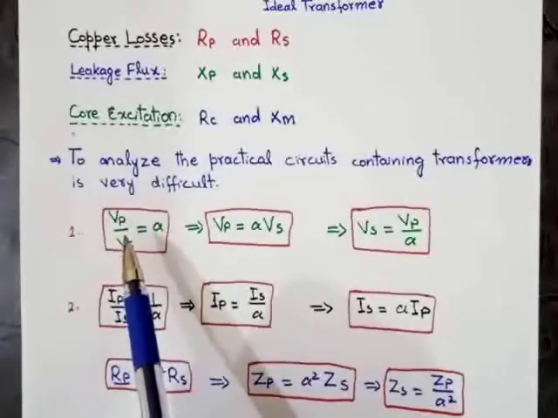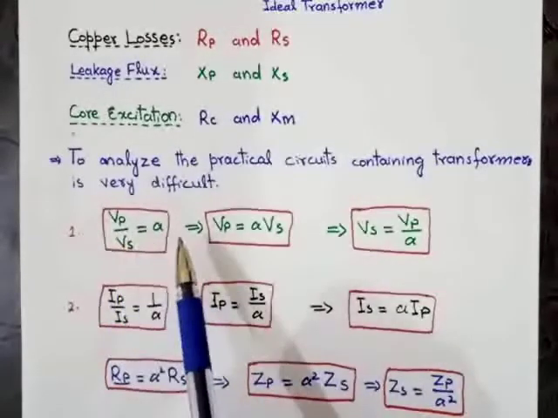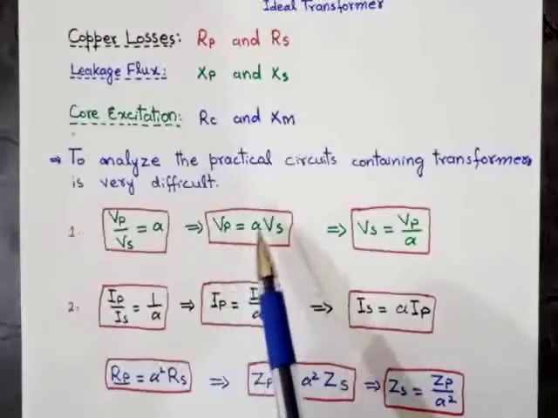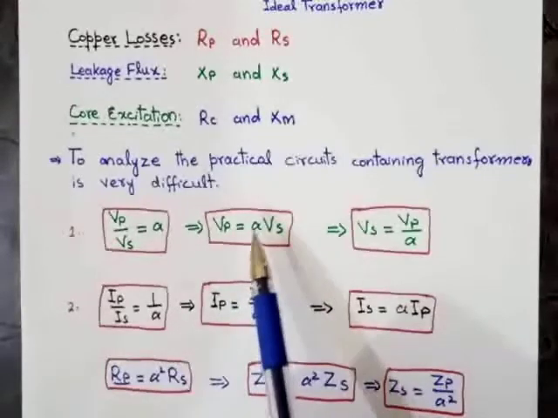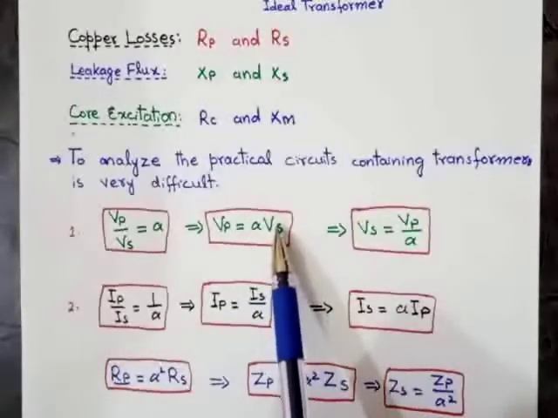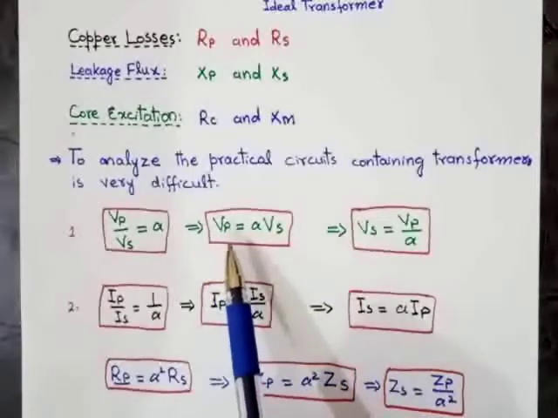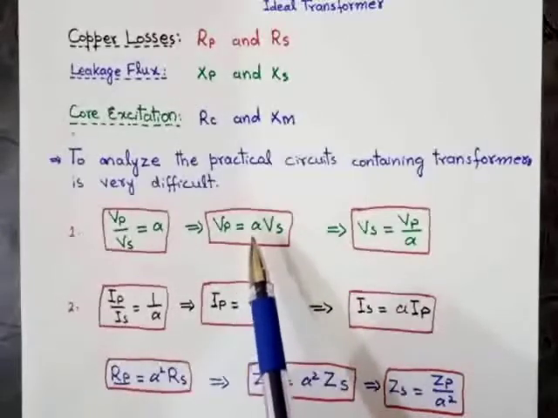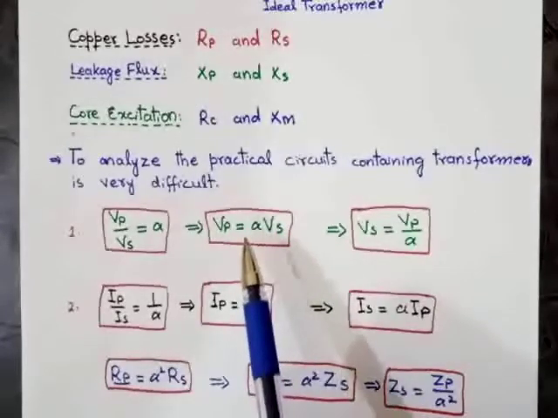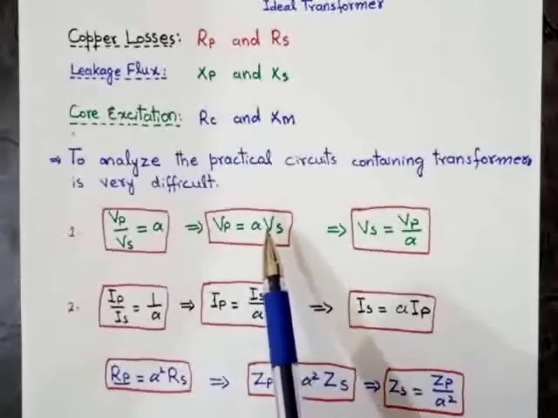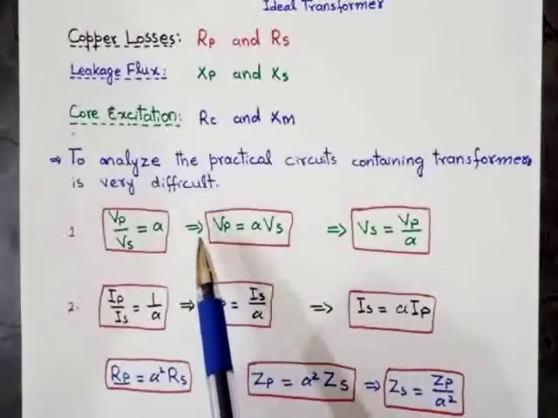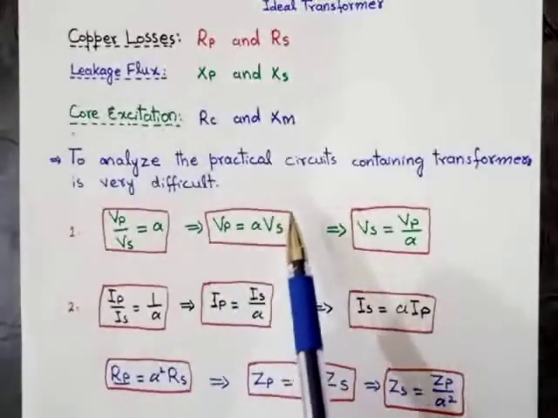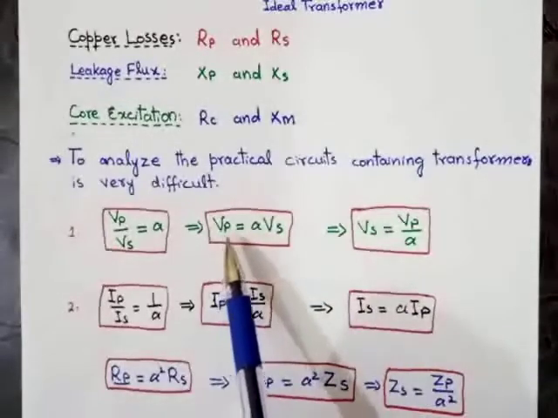If we want to find the primary voltage, then Vp will be equal to A times Vs. It means we can convert the secondary voltage into the primary voltage if we multiply the secondary voltage with the turn ratio. So by using this formula, we can convert the secondary side voltage source into the primary voltage source.